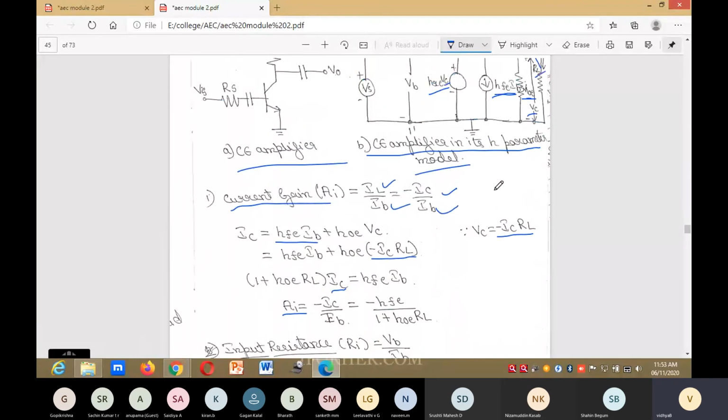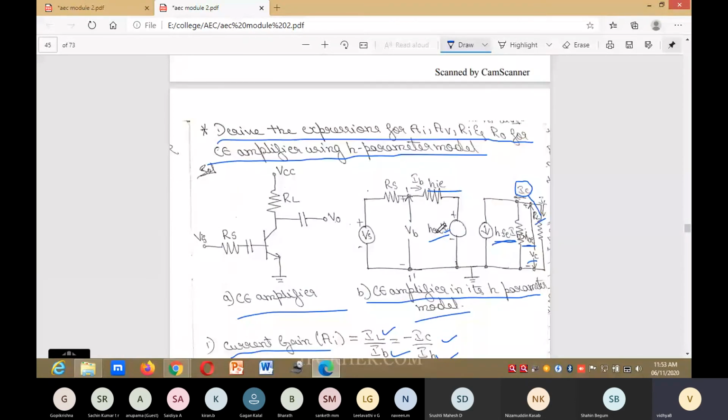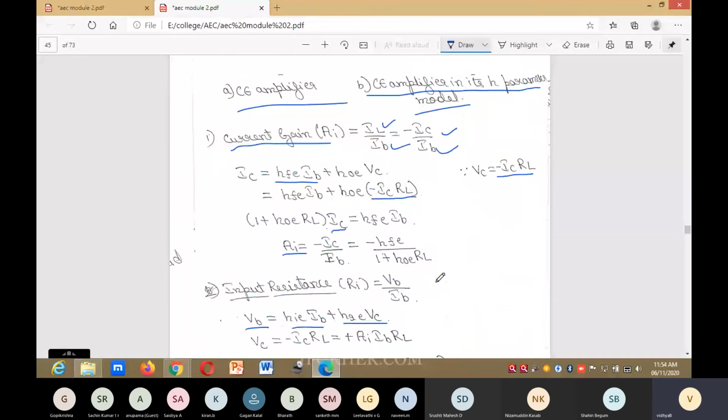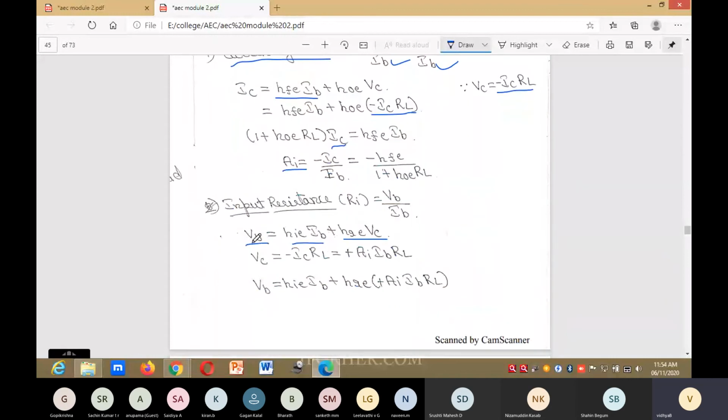When you apply the loop for this case, you will get HIE into IB plus HRE into VC. That is VB.